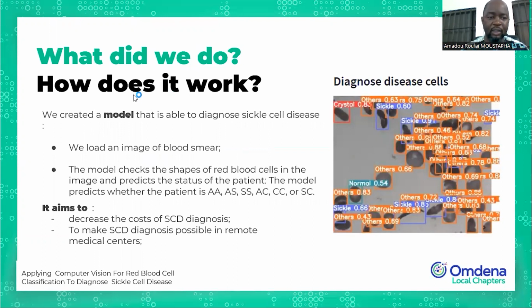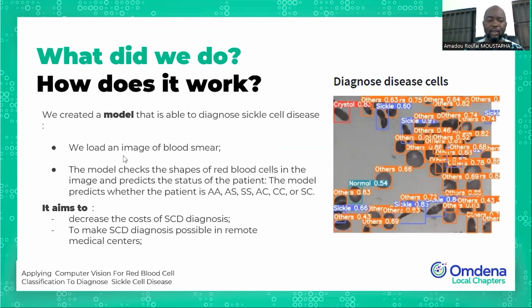With our data sets, we built a model, and the model that we created is able to diagnose sickle cell disease. How is the model working? Our model needs an image of a blood smear.